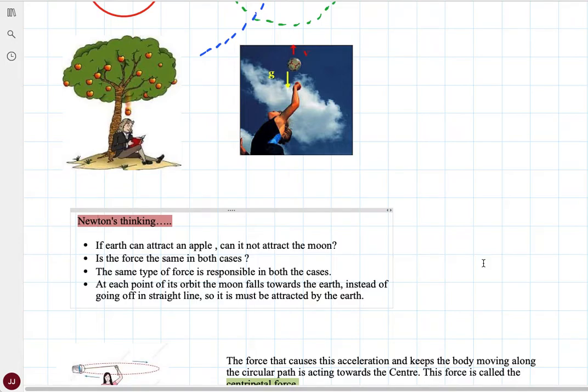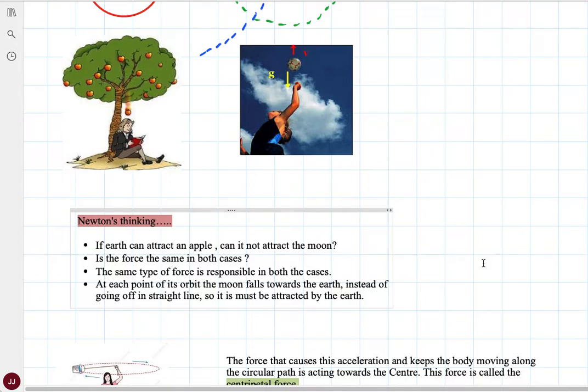So the earth can attract an apple, right? Can it also attract the moon in the same way? Those are celestial objects, earth and moon. They exist in huge space. So when the earth can attract an apple, does it do the same thing to the moon, which is also present and closer to earth?